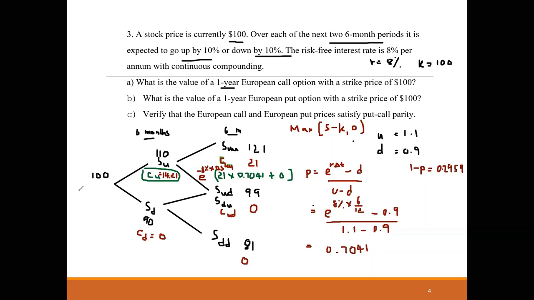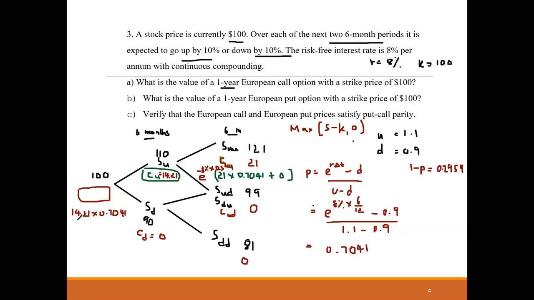Then to calculate the value of the option today, consider these two values. If it goes up, the value of the option will be 14.21. If it goes down, the value is 0. So 14.21 multiplied by the probability of going up, which is the p-value, 0.7041.